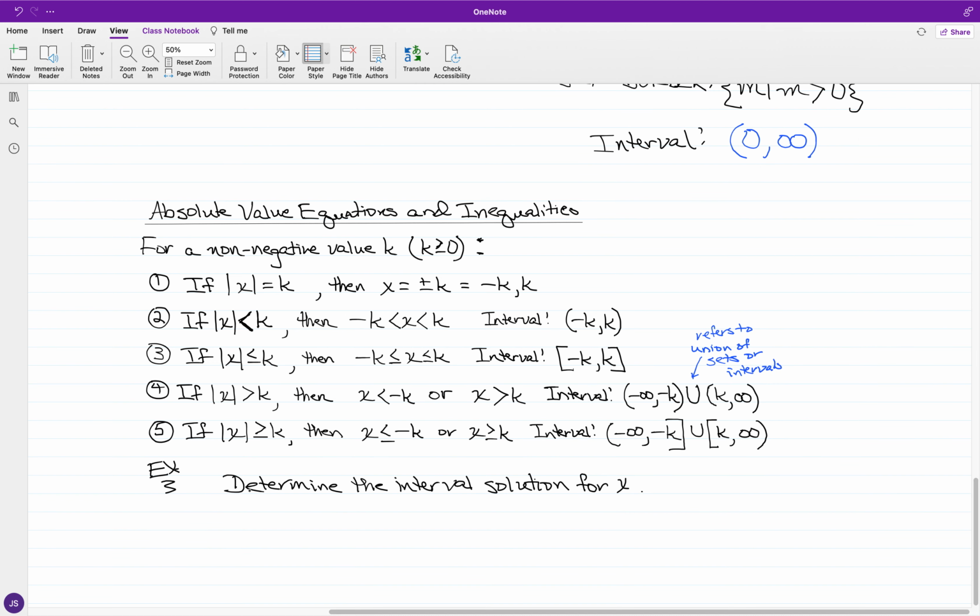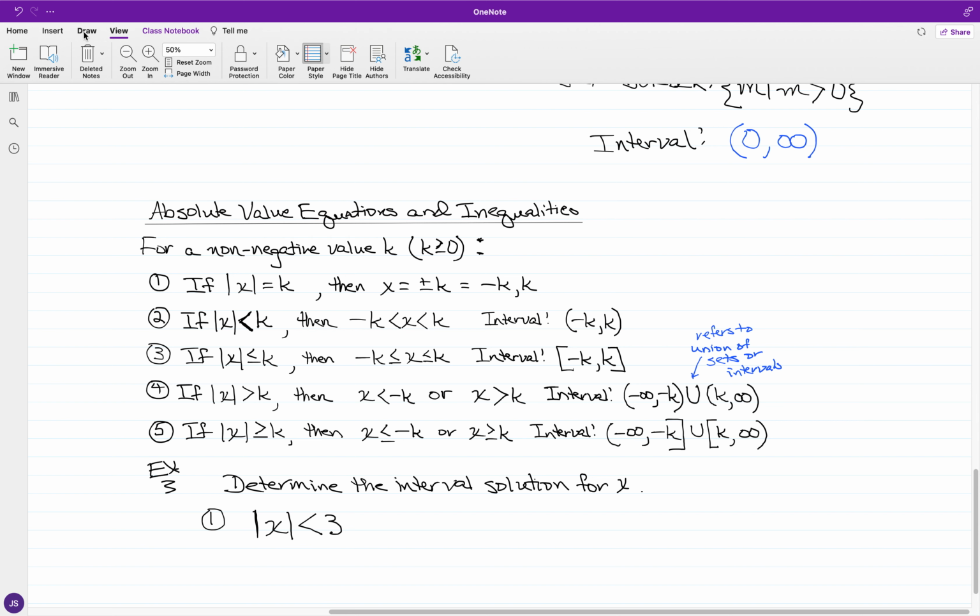To start out with one that's a little bit introductory, we'll just say we have that the absolute value of x is less than 3.